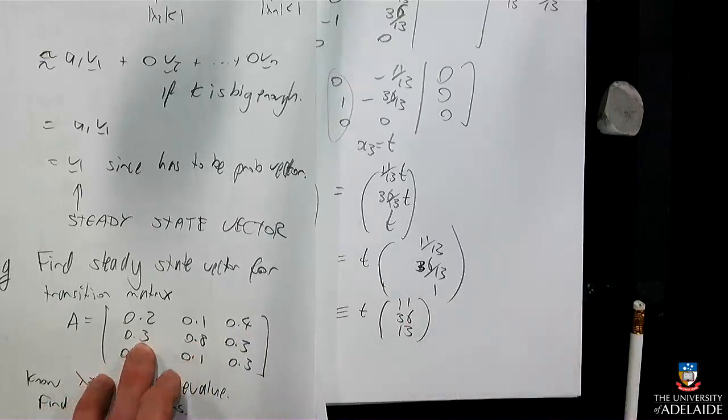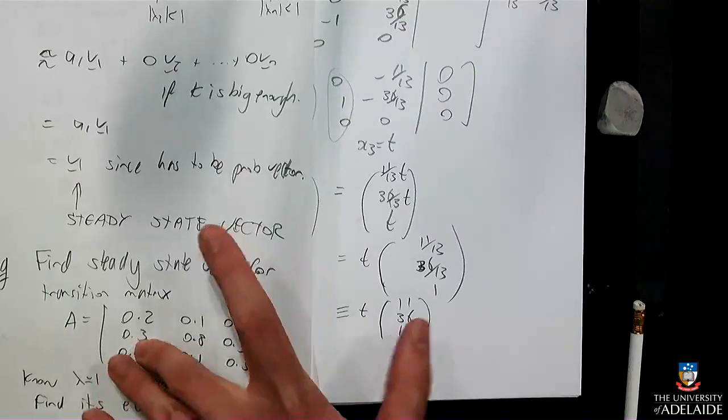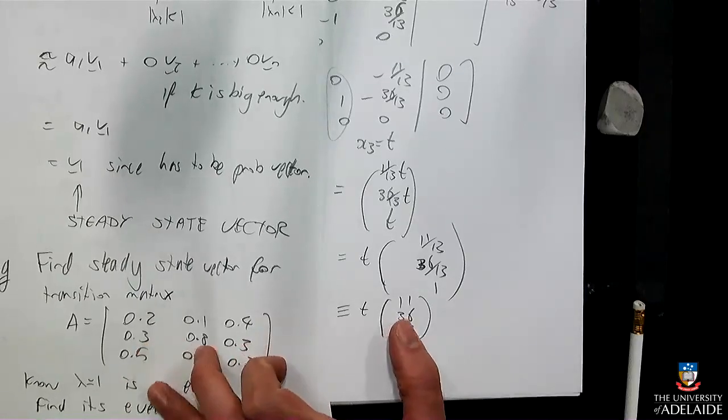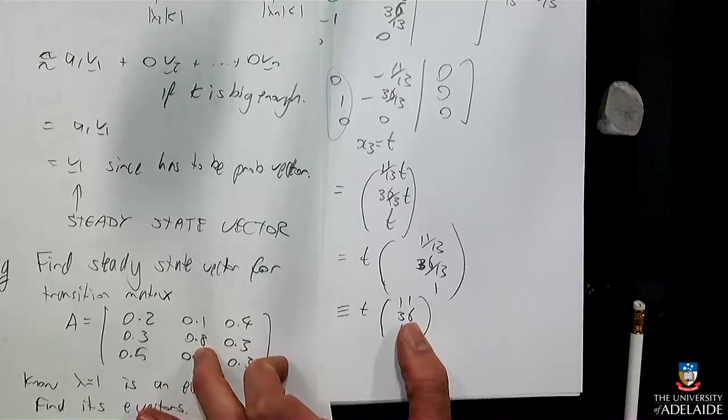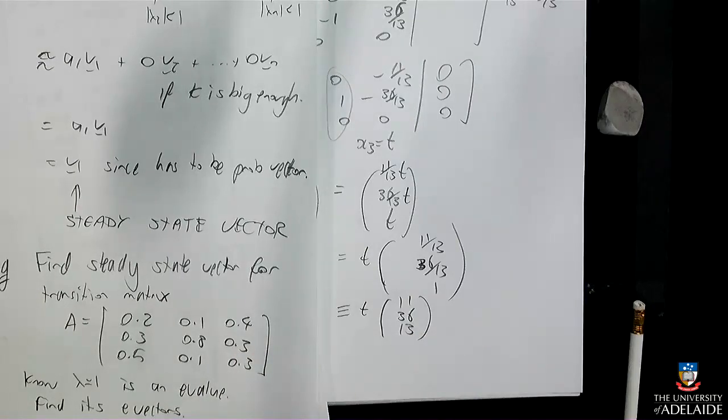And 0.3 times 36 plus 0.3 times 11 plus 0.8 times 36 plus 0.3 times 13 is 36. Okay, we're doing well.